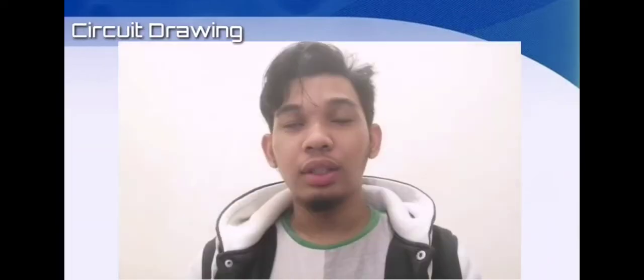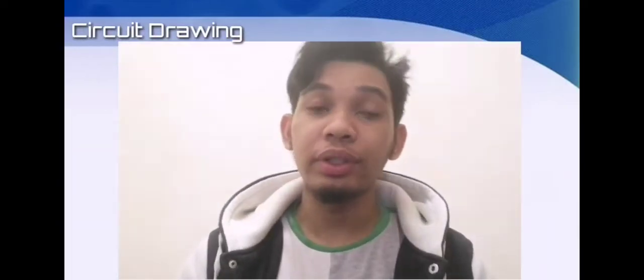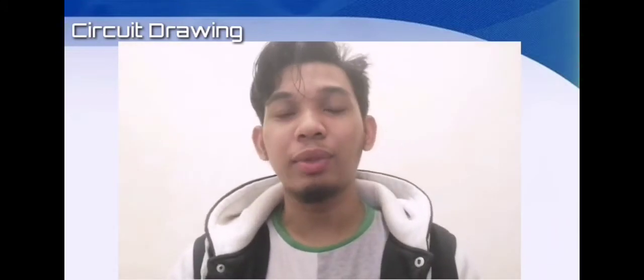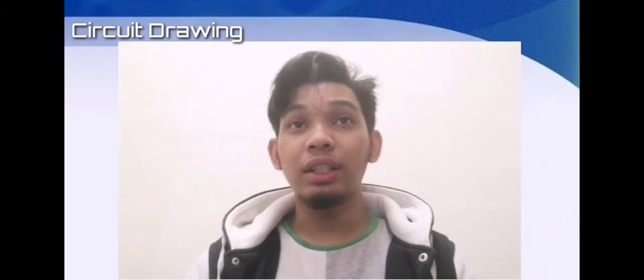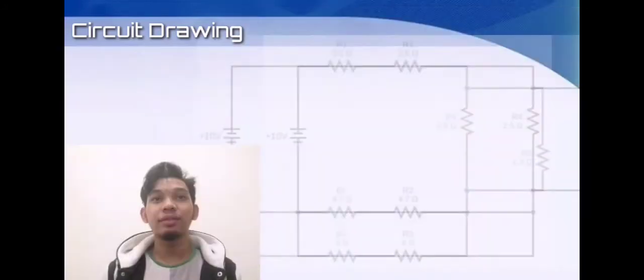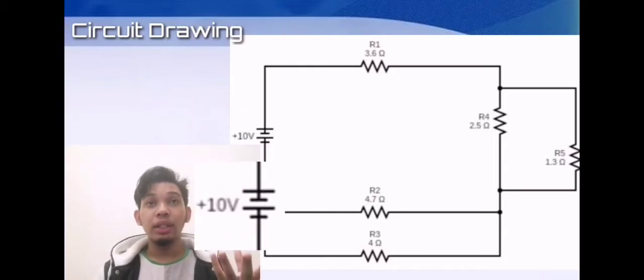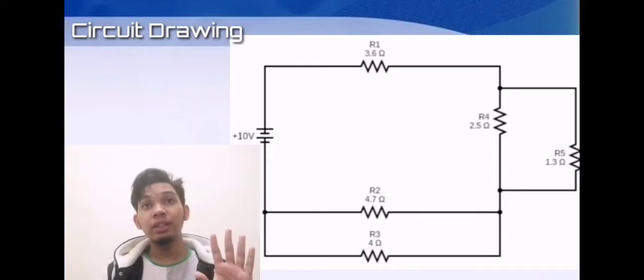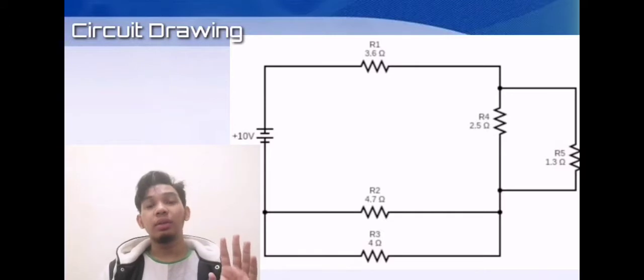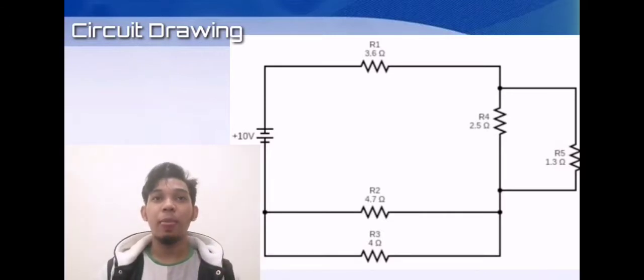Alright, moving on to the circuit drawing in this project. The circuit that I've drawn for this project is quite simple, so the explanation will be short. First of all, the circuit will look like this. We have a battery with 10 volts and 5 different resistors with their own specific resistance.